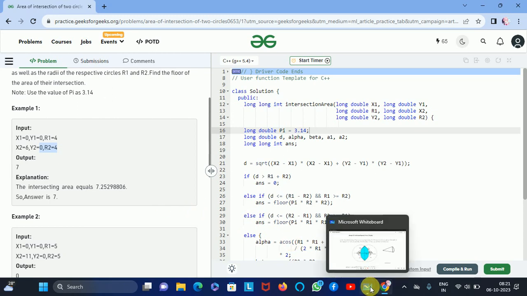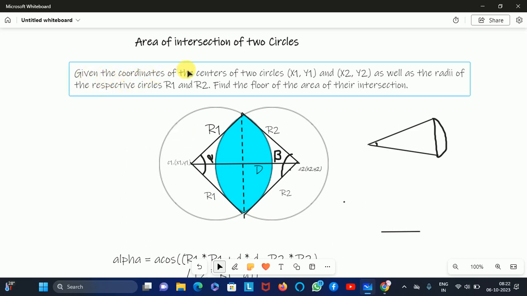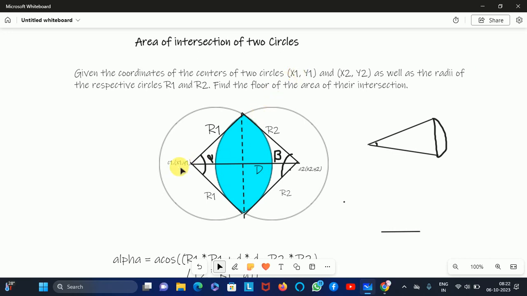So first we will understand the concept and approach, how to solve this problem, and then we move on to coding. The same question I have written here also. Given the coordinates of the centers of two circles, I have already drawn two circles. Let one center be c1 and the other center be c2.